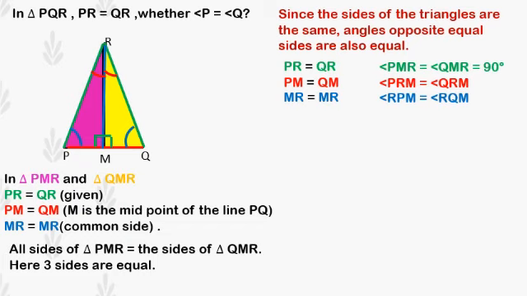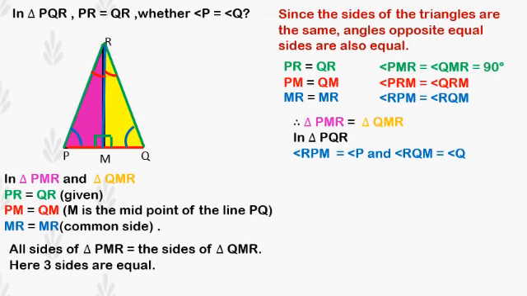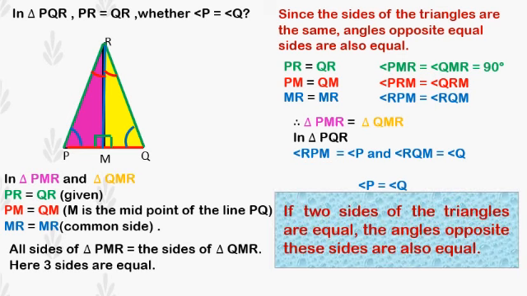Now we get three sides and three angles equal. Therefore we can say triangle PMR equals triangle QMR. In triangle PQR, angle RPM equals angle P and angle RQM equals angle Q. That is angle P equals angle Q. So write this as a general principle: if two sides of a triangle are equal, the angles opposite these sides are also equal.